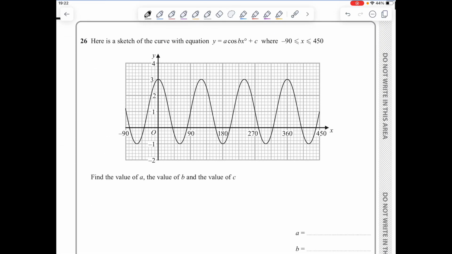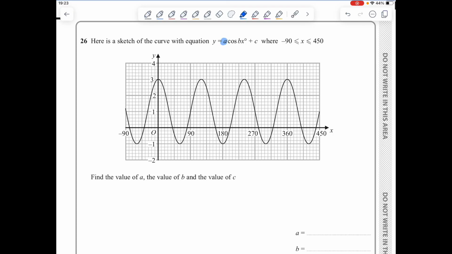Question 26 involves a transformation on the cosine graph. And if you have a look at the given equation, you're going to see there are 3 letters there, A, B, C, and each one of those corresponds to a transformation. Now, 2 of them are vertical transformations.